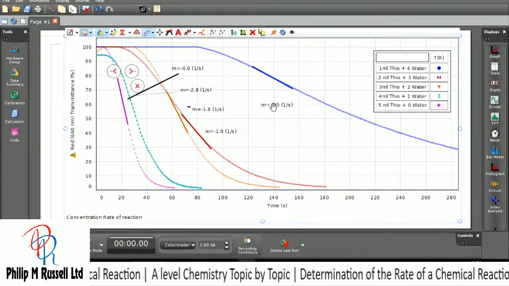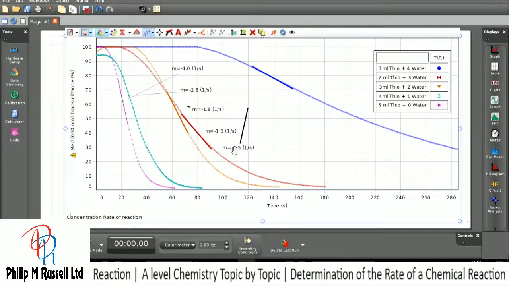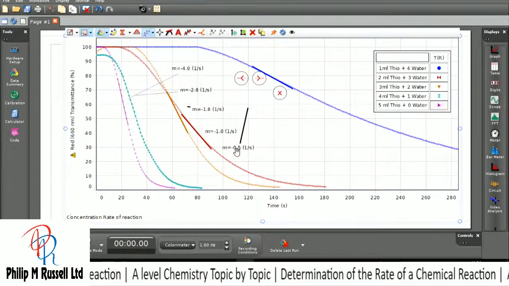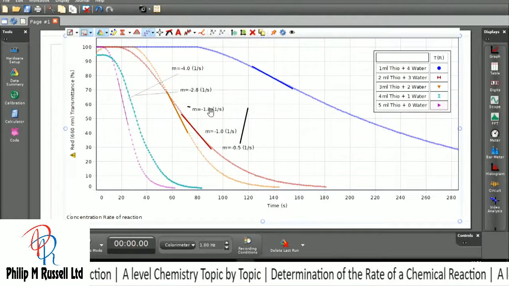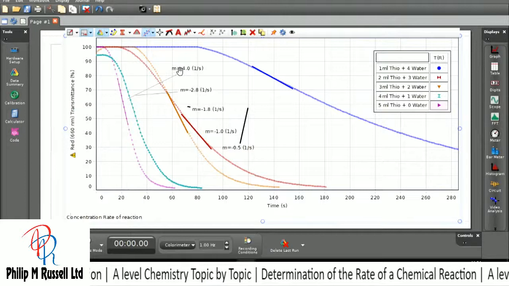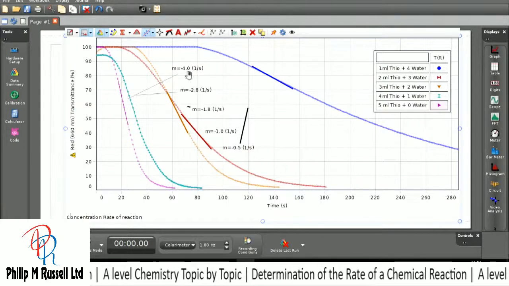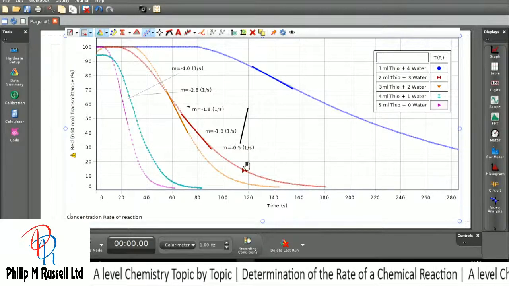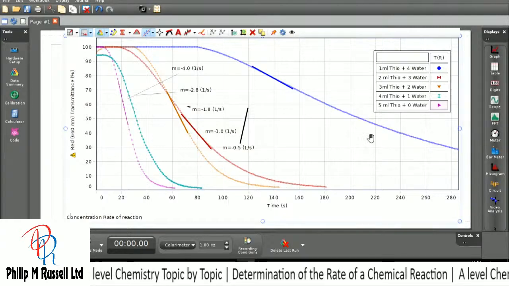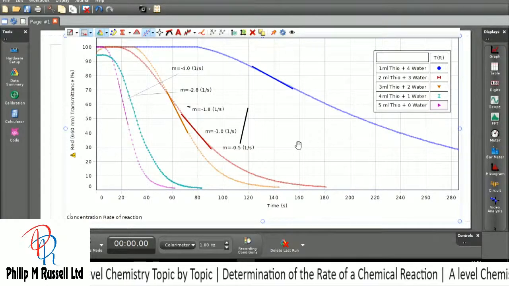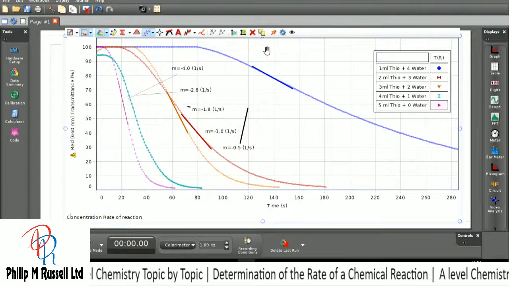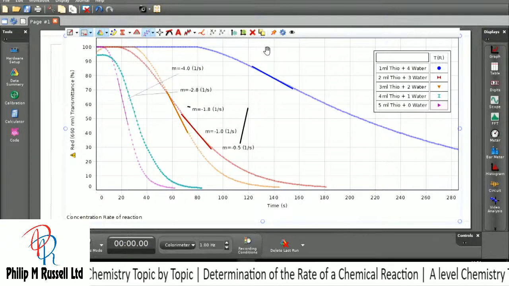I can see that when I'm trying to do this, maybe the values are a half, 1, 2, 3, 4. That's what they are approximating to. And I'm getting different amounts when I try these.